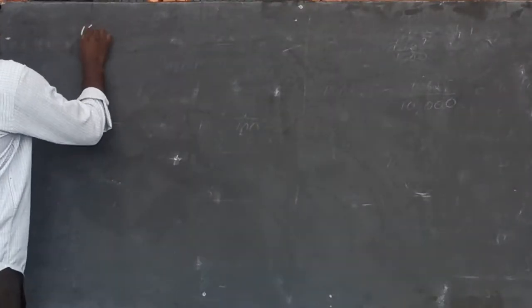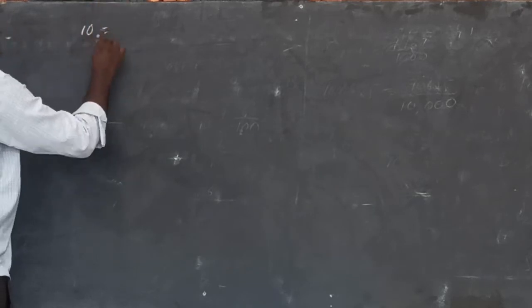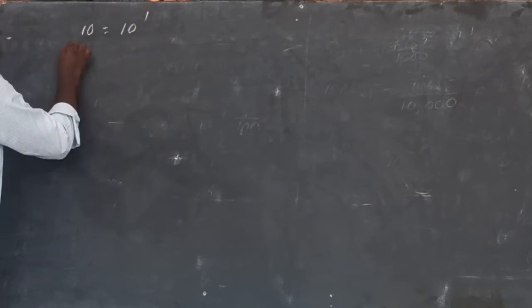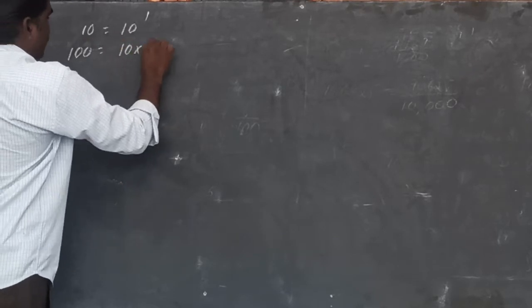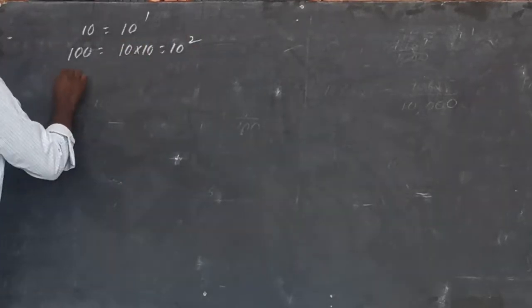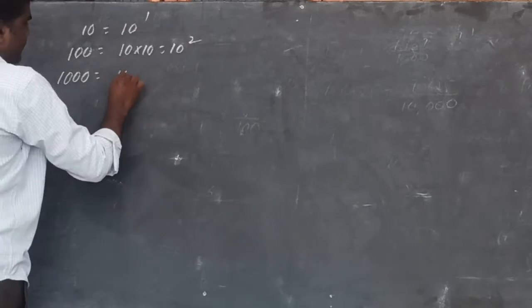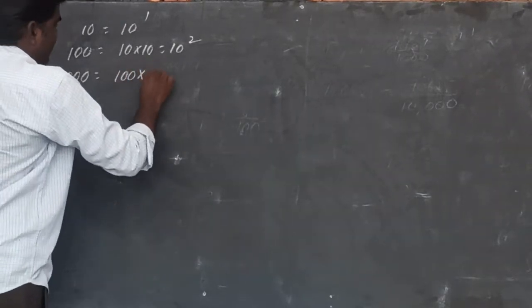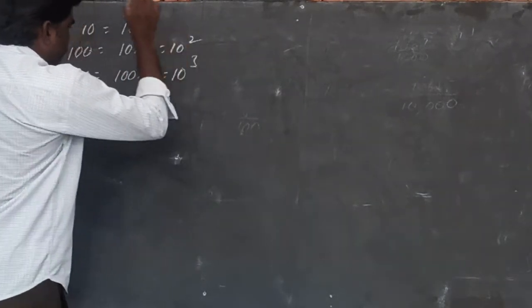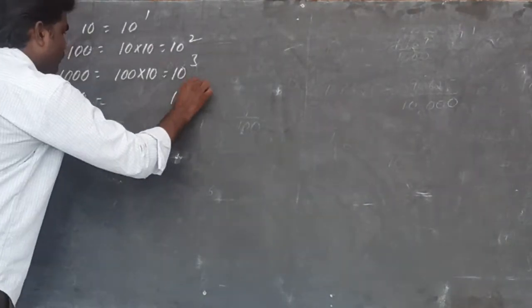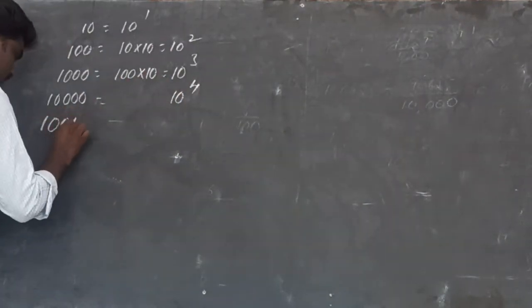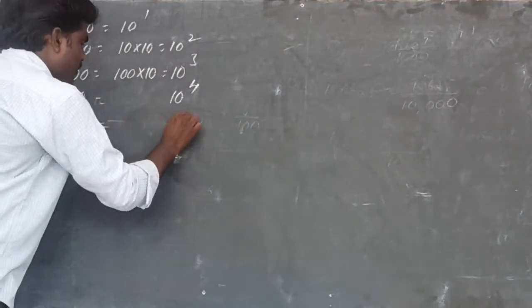Here 10 we can write as 10 power 1. 100 we can write as 10 into 10, that is 10 square. 1000 is 10 into 100, that is 10 cube. 10,000 we can write as 10 power 4, and 100,000 is 10 power 5.